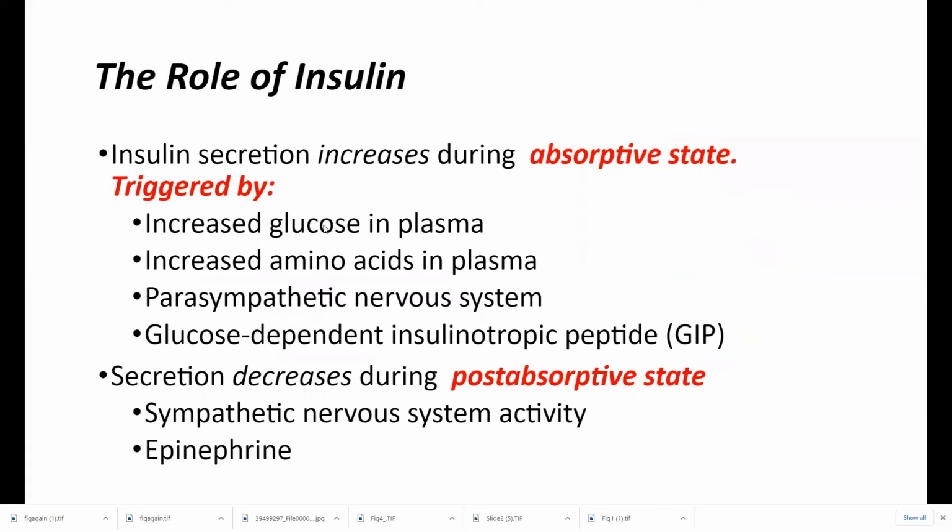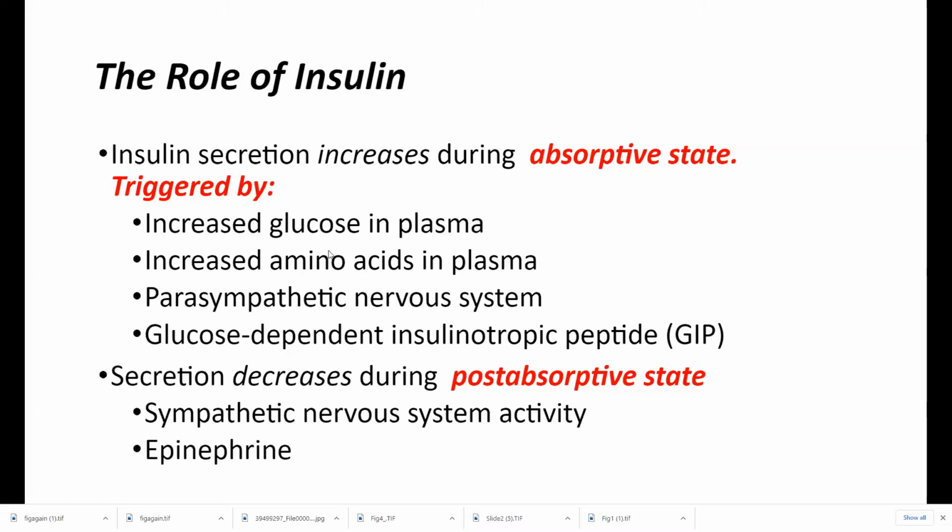If you see a bunch of glucose in the blood, your body doesn't want glucose just hanging around in your blood. It wants to store that. If we've got a lot of glucose, we want to store it for later. So once we see increased glucose in the plasma, that's when insulin gets secreted. Increased glucose in the plasma, oh, we should store that. Insulin's going to help us.